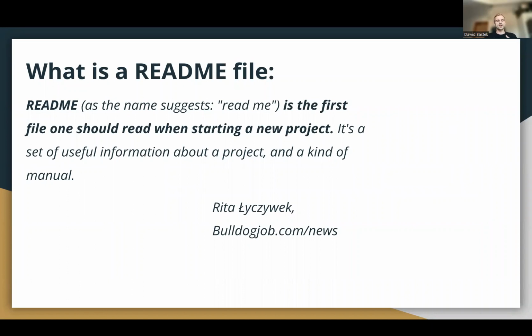It is the file with information about your project: how to set it up, how to run it, what the project is about, what the license is, how to run tests. It's mostly related to technical stuff, but it's very important when we are talking about our code. And why is a good Readme file very important?